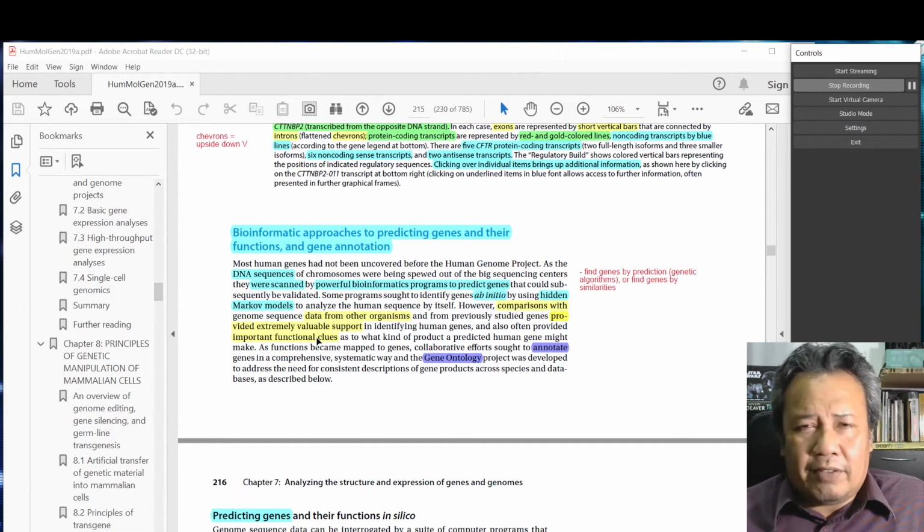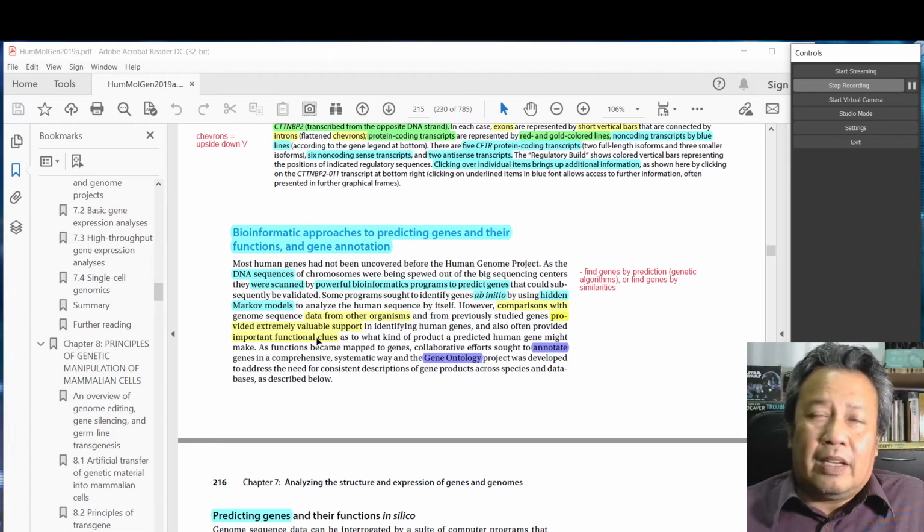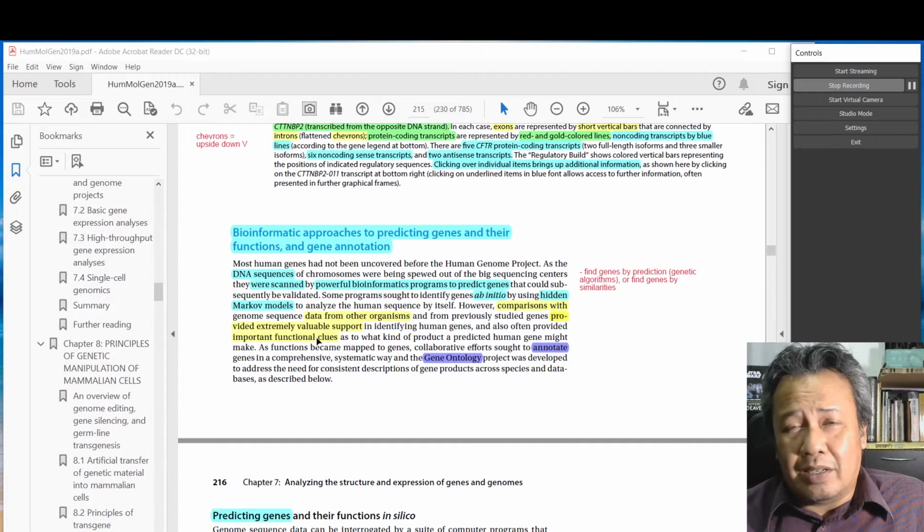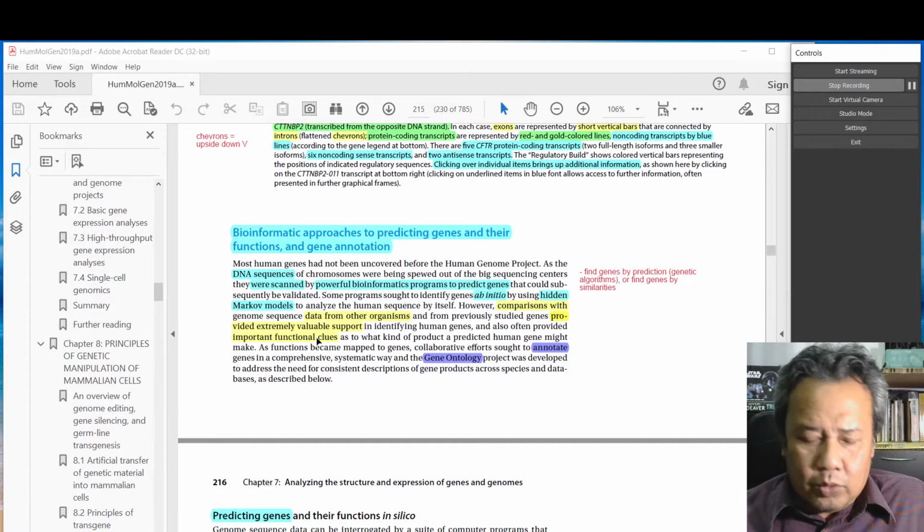Regions that contain genes and regions that contain non-genes have different sequence behavior. The non-gene sequences have high A's and T's. Even the stop codons, right? The UAA, UAG, UGA, contain more A's and T's compared to the coding sequences. Coding sequences also have certain codon biases that can be taken into account.